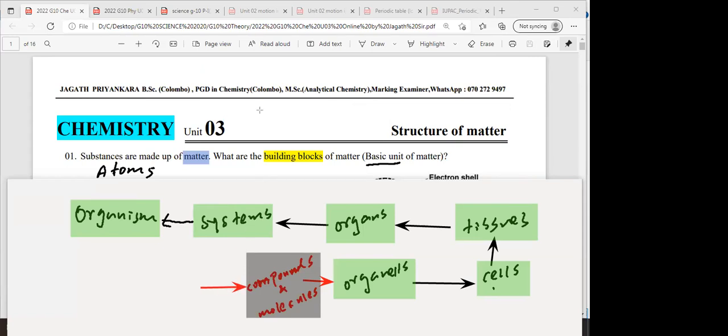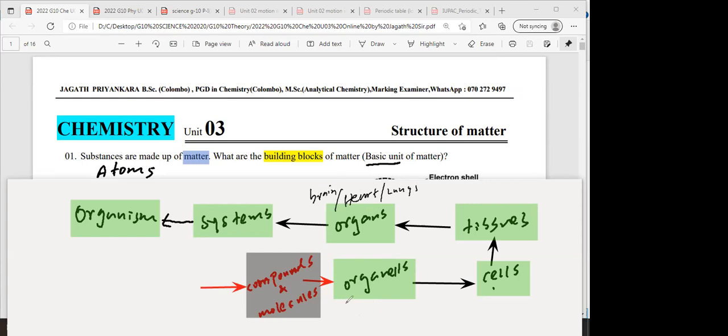Compounds and molecules, for example, protein is a molecule. Water molecule, macromolecule, DNA molecule, carbohydrate, protein, lipids, these make up organelles like mitochondria and nucleus. You can write examples if you want. Organs and organelles, don't mix them up. Organ means, say, heart, lungs, brain.